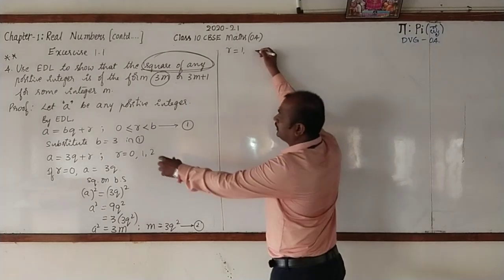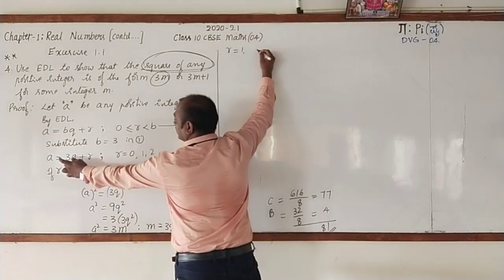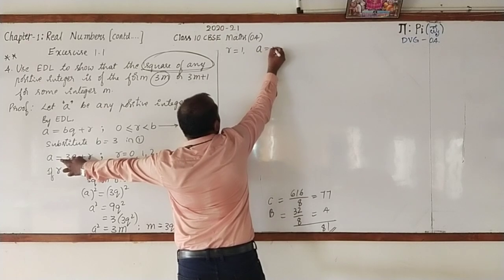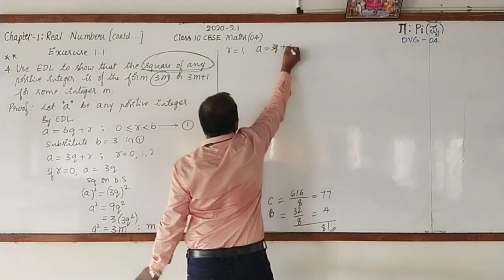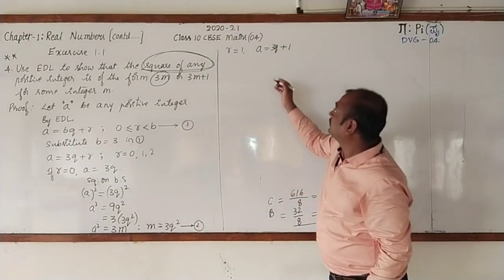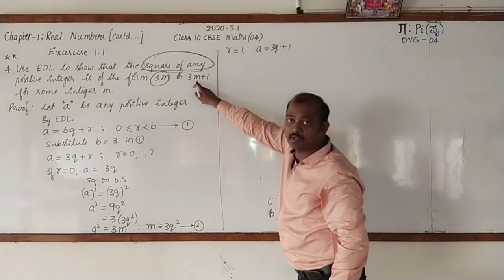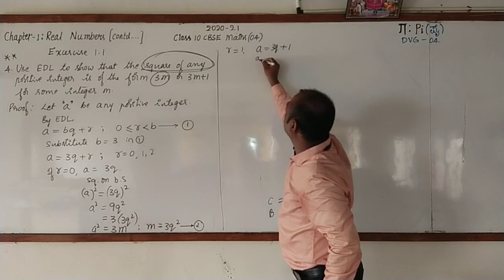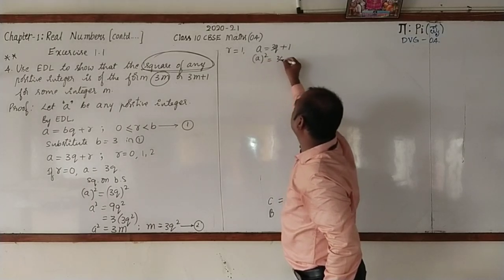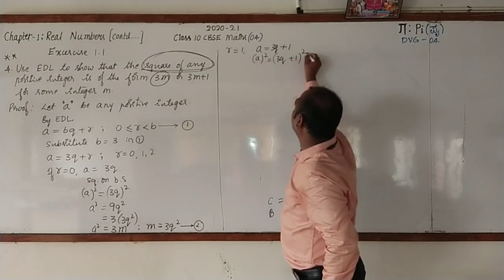If r equal to 1, then what can be written? a equal to 3q plus 1. Then squaring on both the sides, because square of any positive integer, on squaring you get a whole square, 3q plus 1 whole square.